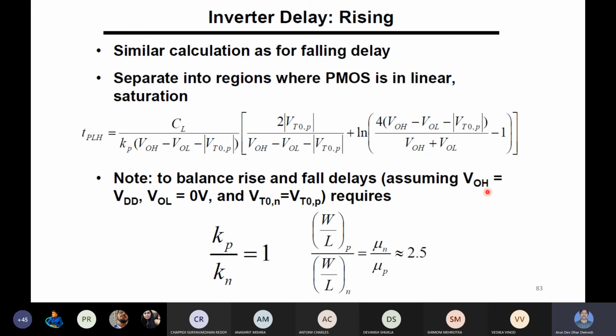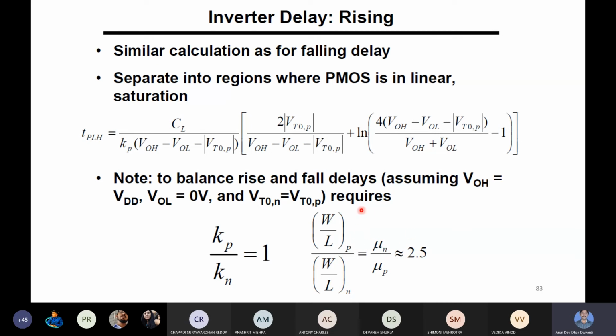If we approximate these parameters, and also Kp by Kn equal to 1, then we get that (W by L of P) divided by (W by L of N) is just the ratio of mu n by mu p, which is approximately 2.5.